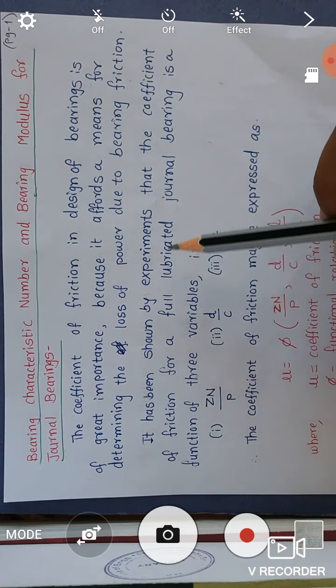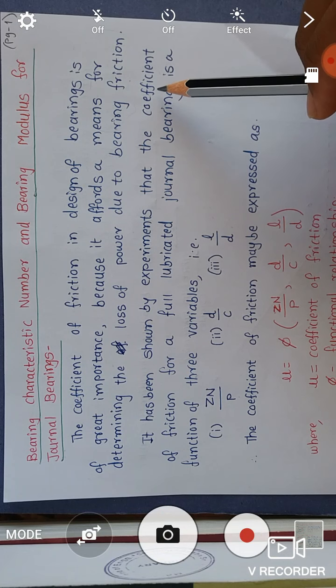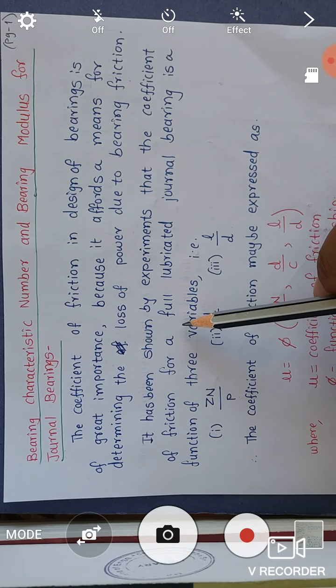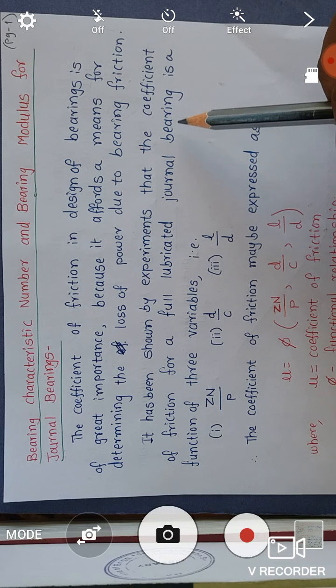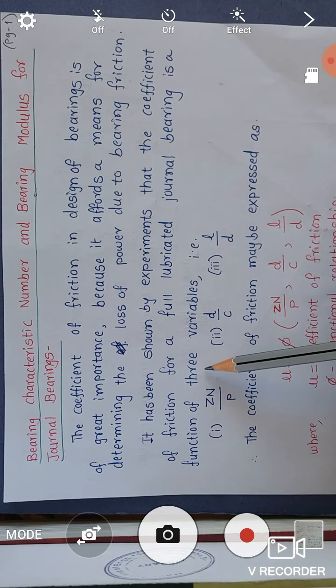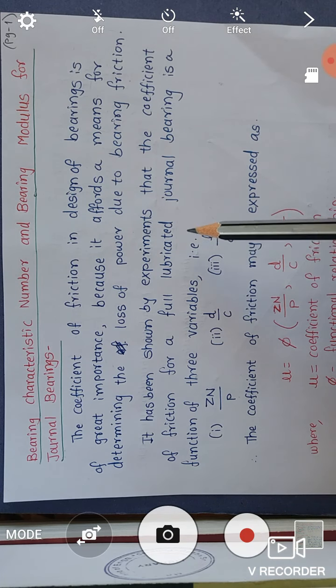It has been shown by experiment that the coefficient of friction for a fully lubricated journal bearing is a function of three variables.